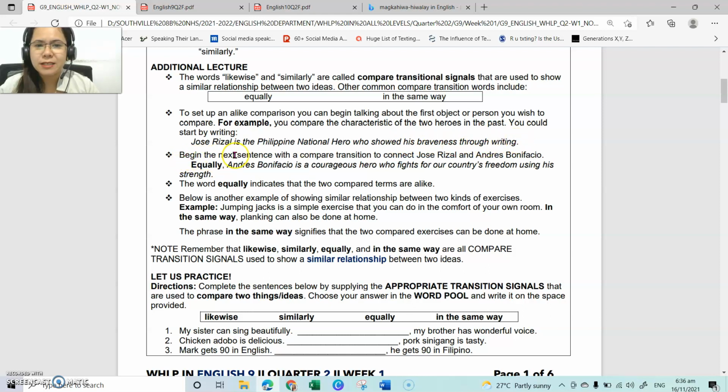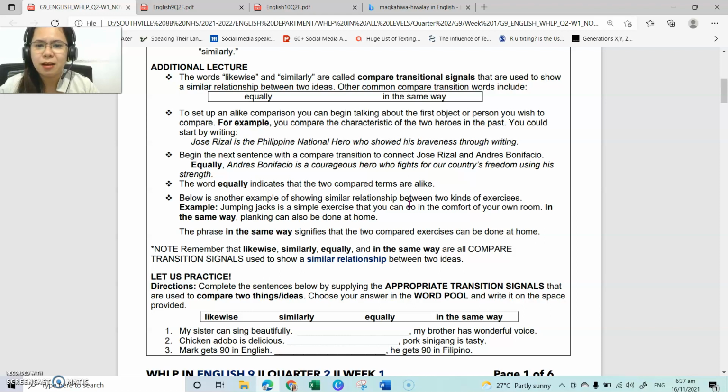Then begin the next sentence with a compare transition to connect Jose Rizal and Andres Bonifacio. So you can use equally. So here, equally, Andres Bonifacio is a courageous hero who fights for our country's freedom using his strength. Now, the word equally indicates that the two compared terms are alike. When you say alike, they are the same.